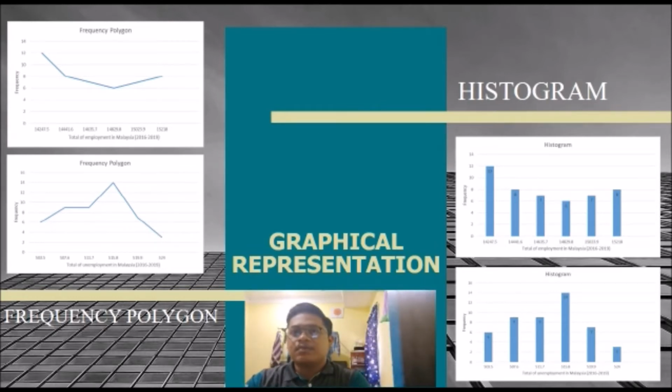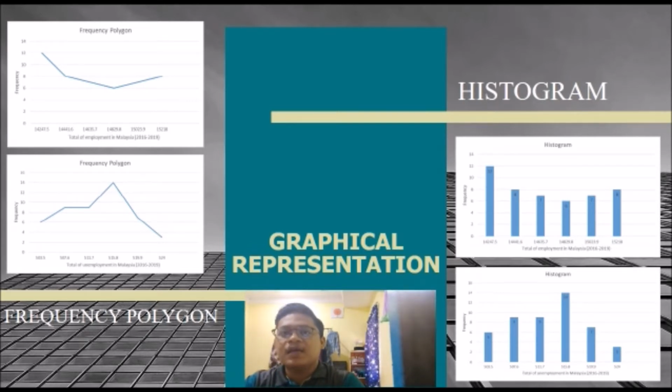Okay, next graph is the histogram. A histogram is a graph that represents the frequency distribution of a dataset. For the employment histogram, we can see the bars start from 12 and then decrease to 8 and then 6.